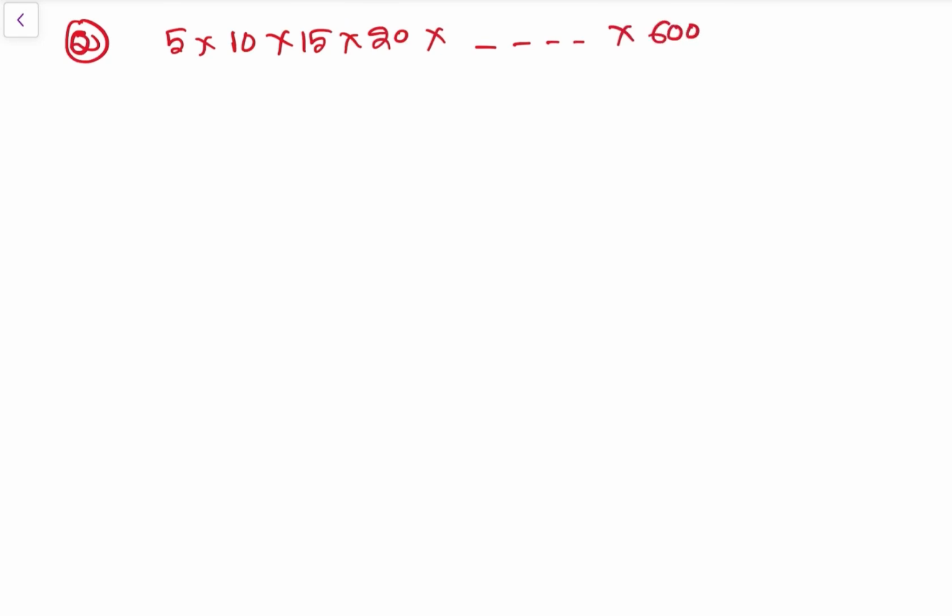The question is a series of 5: 5 into 10 into 15 into 20 into so on into 600. Now this series is what, 5 into 1, then 5 into 2, then 5 into 3, then 5 into 4, into so on into 600 by 5.